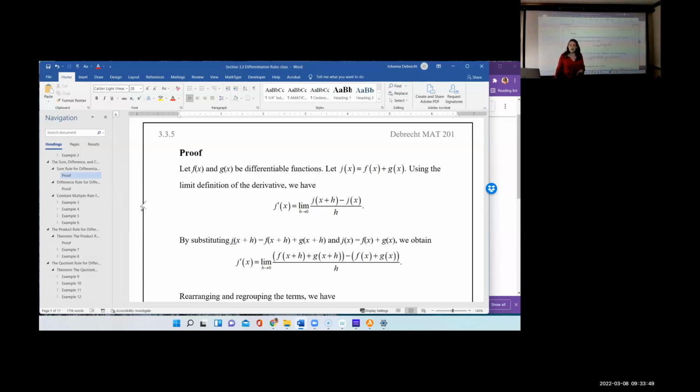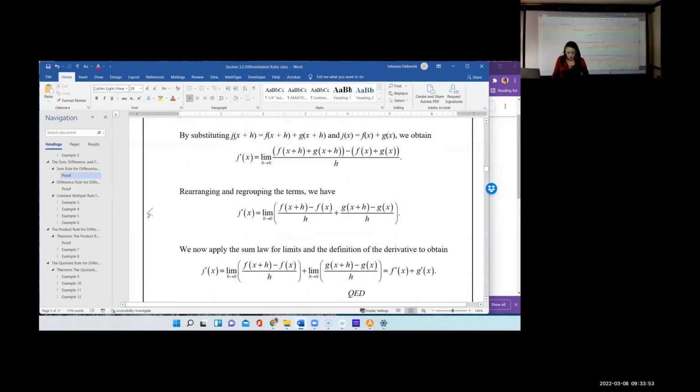That's just using the definition of what j is. Then we rearrange the terms and regroup them so that I take the f of x plus h with the minus f of x, and the g of x plus h with the minus g of x. And you can see that what I'm building, of course, is two separate difference quotients, one for f and one for g.